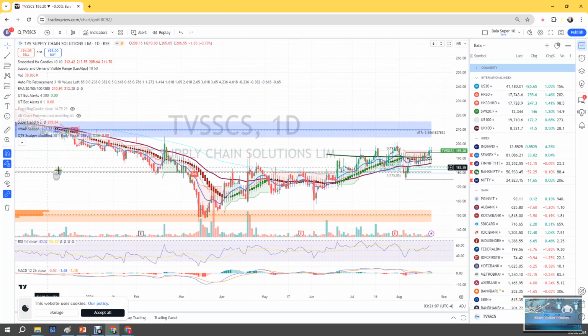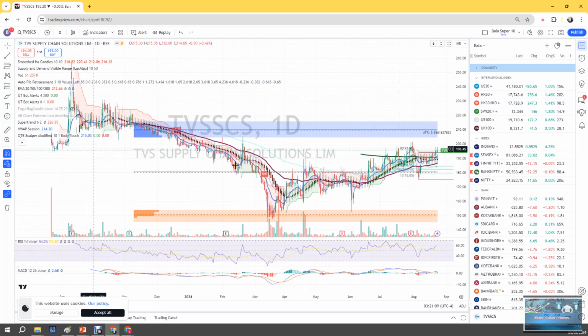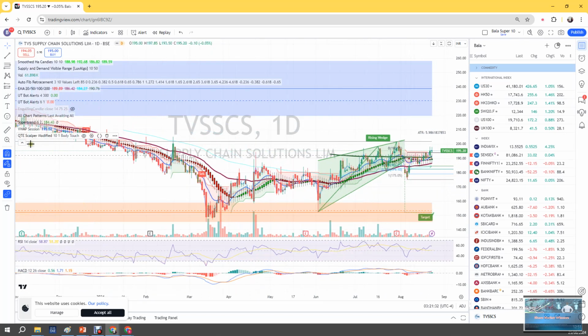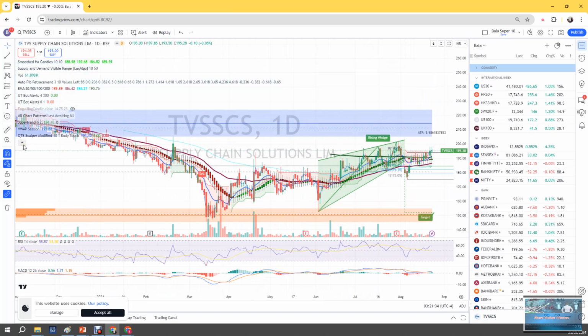All that I will be using, various indicators. I also use automatic chart patterning, which will also predict whether it is in a falling wedge or a rising wedge, head and shoulder patterns, various patterns which it automatically predicts. I will also do that by using some of the indicators which I use in TradingView.